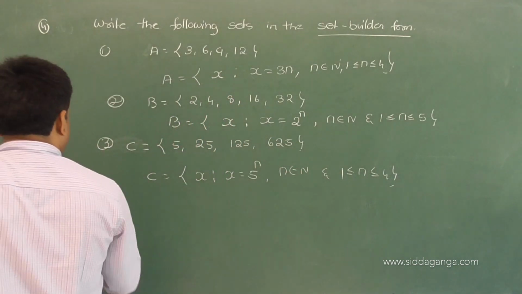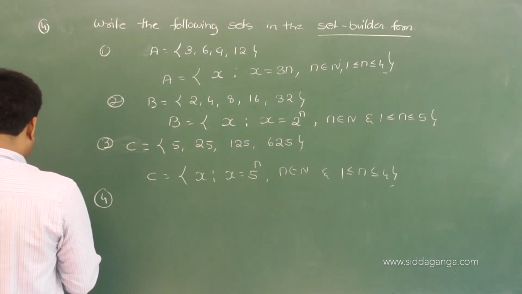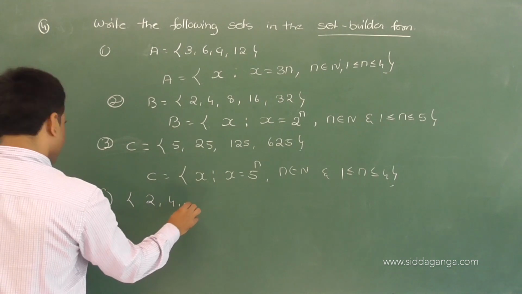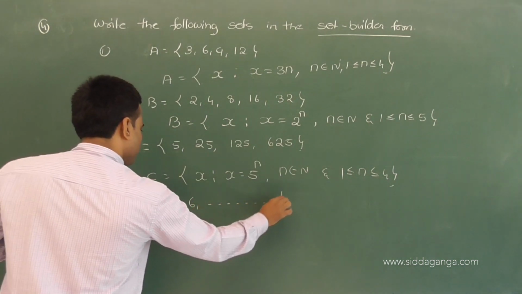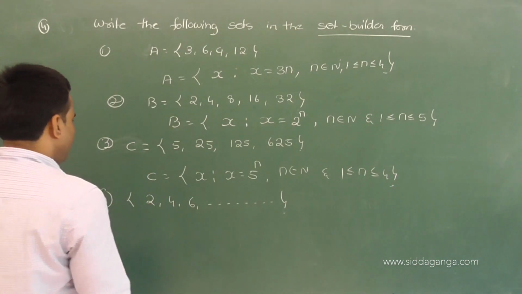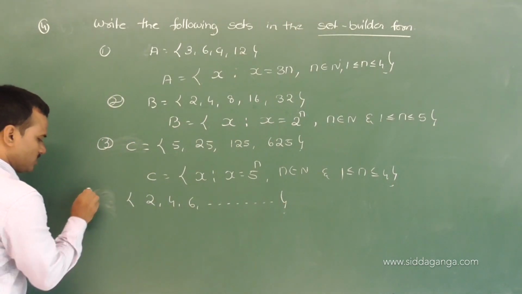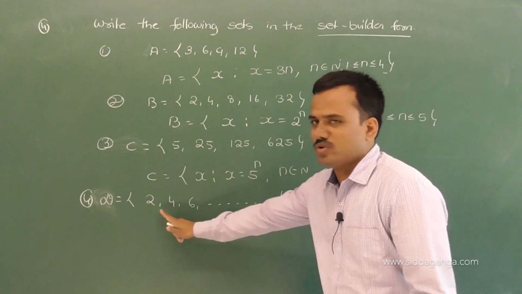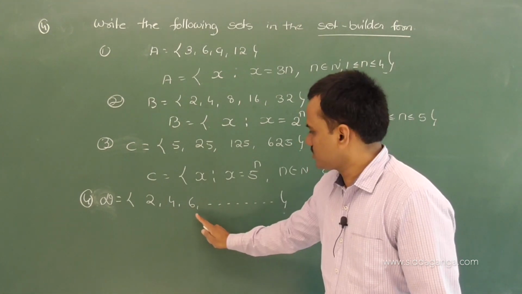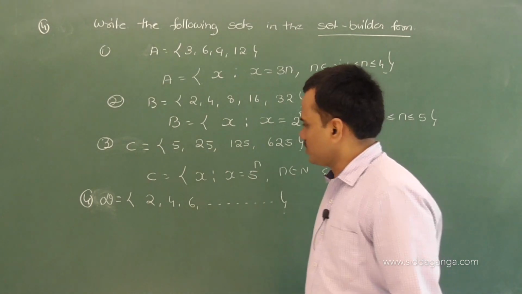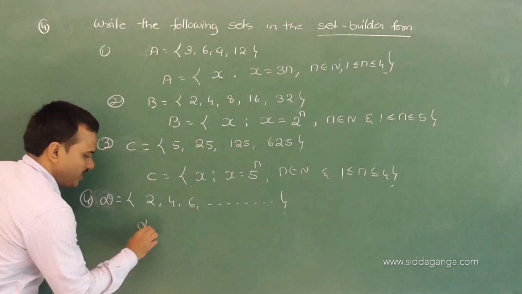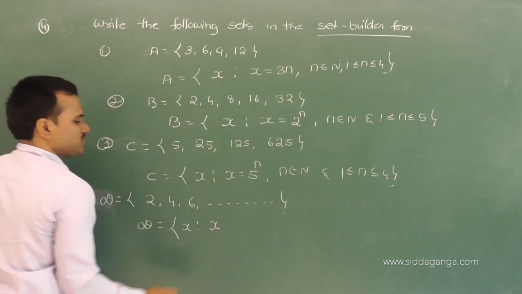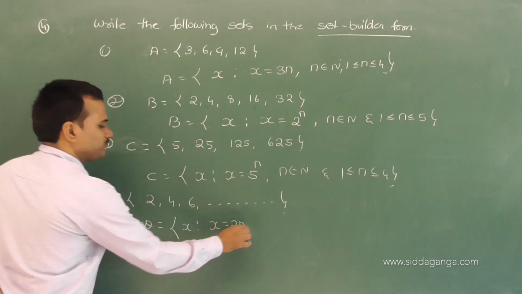Next, one more problem. Fourth problem. 2, 4, 6, dash. Very interesting. So this we can write as set D. D is equal to 2, 4, 6, dash. We write in rule method D is equal to x such that x is equal to 2n.